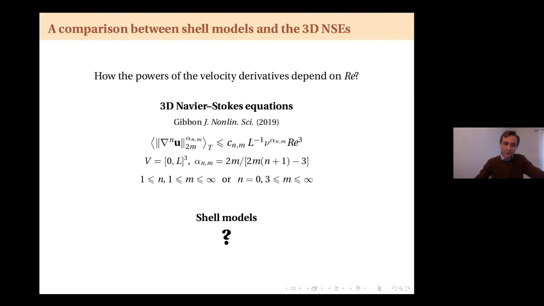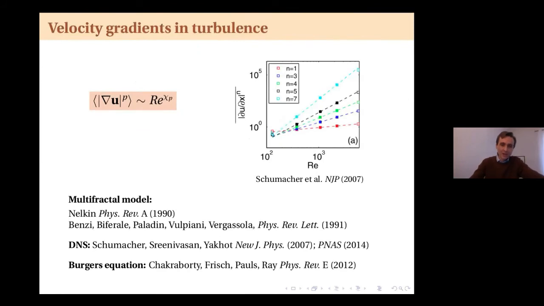Before I come to this, I want to mention that the study of velocity gradients and their moments in turbulence is not a new question. It is indeed well known that the moments of the velocity gradient scale as a power law of the Reynolds number.